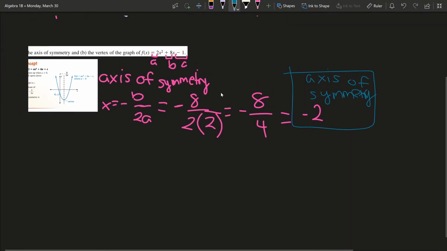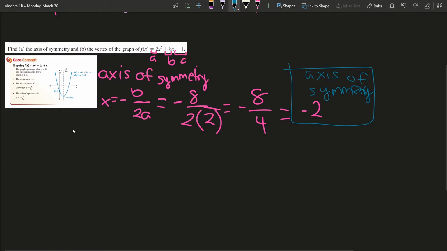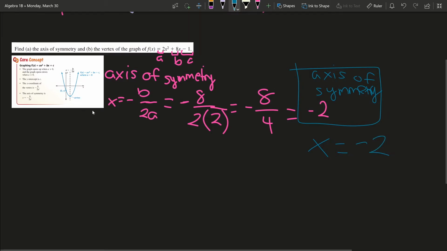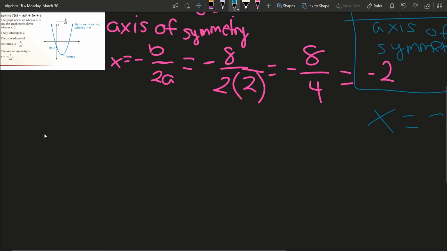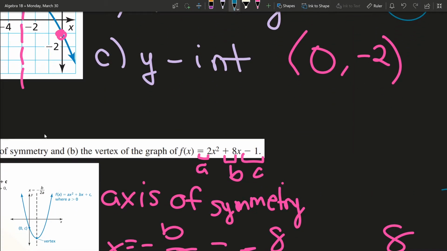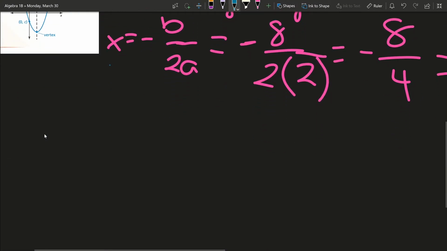Let's see if I can zoom out of here real quick. Now that we know that our axis of symmetry is x is equal to -2, we can plug it back into our original equation. Our original equation is y is equal to 2x squared plus 8x minus 1. Let's write that down over here.